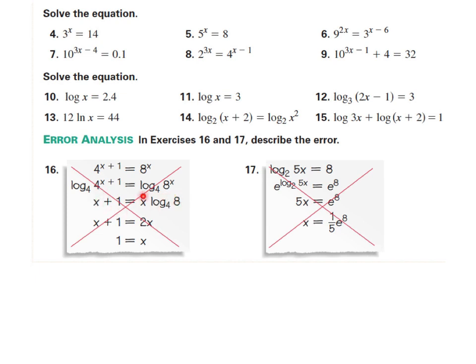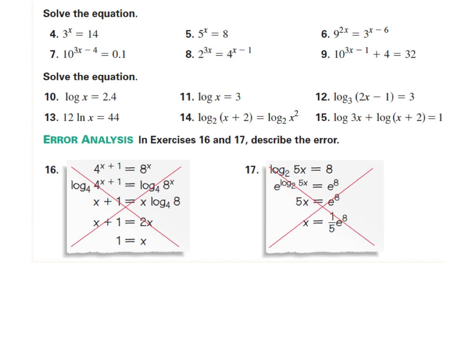Well, they said, well, this must be 2 because 8 divided by 4 is 2. Well, that's totally wrong, okay? What the question you need to ask yourself is, 4 to what exponent equals 8? It's certainly not 2. 4 squared would have been 16, okay? So then what I would do is I would have used change of base here.